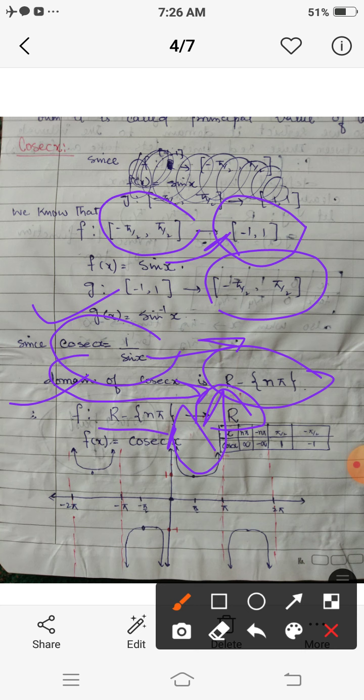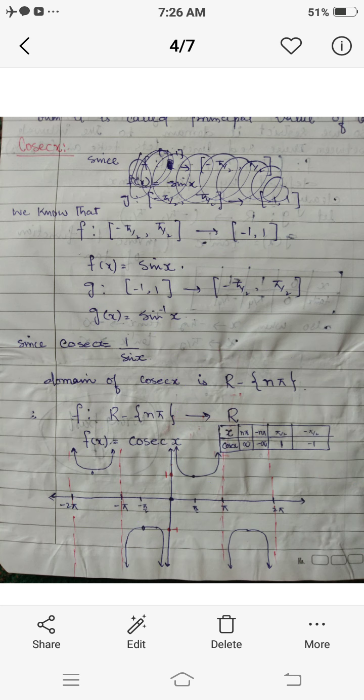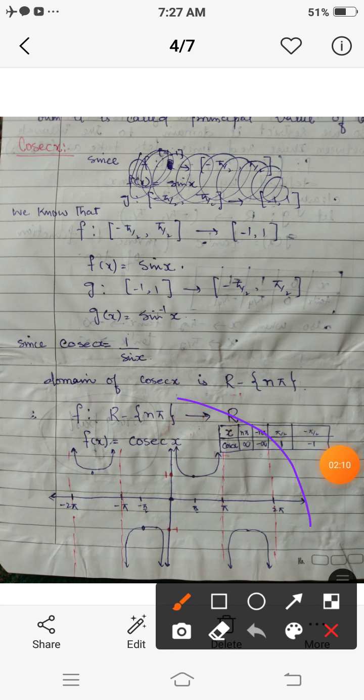At pi by 2 the value is 1 for cosec. At minus pi by 2 the value is minus 1, and at 0 and at pi the value approaches infinity. So this is the required graph of the cosec x function.